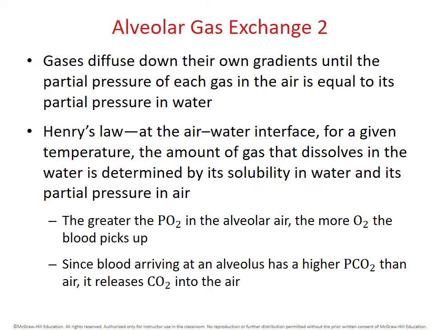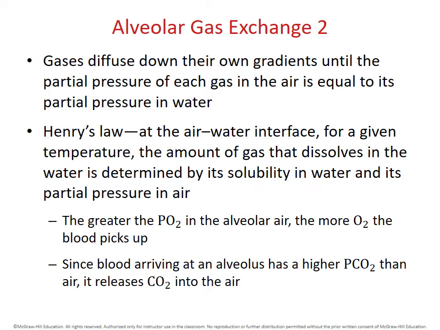If I have a solution with a PO2 of 150, and I have a solution with a PCO2 of 70, the tendency is to think that the solution with a PO2 of 150 has a greater concentration of oxygen than the solution with a PCO2 of 70 has a concentration of carbon dioxide, because clearly 150 is more than 70, but that would not be true. I cannot compare partial pressures of solutions for different gases. I can only compare concentrations using partial pressure when I'm working with the same gas.